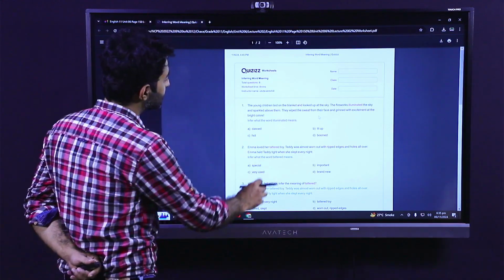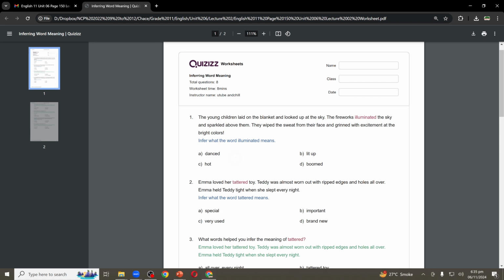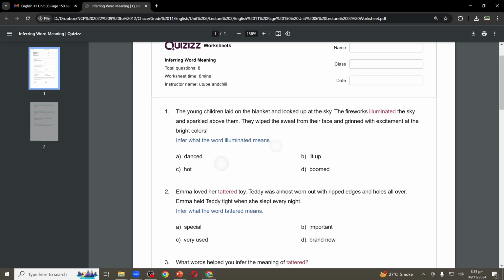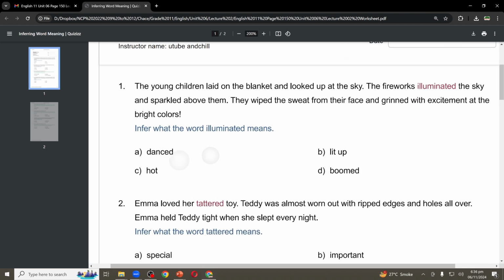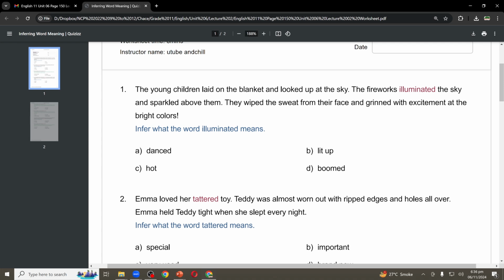Now, students, this is the quiz, or you can call it a worksheet. The young children laid on the blanket and looked up at the sky. The fireworks illuminated the sky and sparkled above them. They wiped the sweat from their face and grinned with excitement at the bright colors. Now, we have to infer, what does illuminated mean?